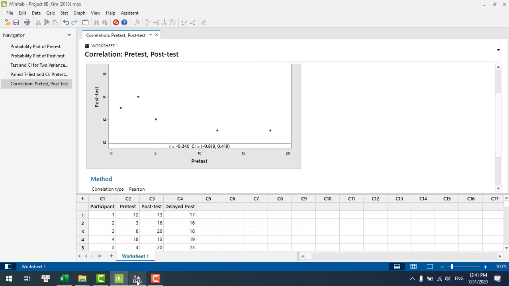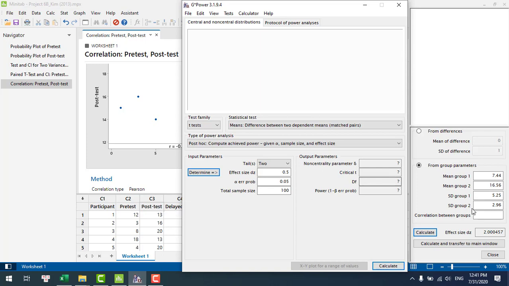So we need to enter that here. Okay, so we're going to go correlation minus 0.340. Now once we enter that correlation, and make sure you enter that correlation, you click here calculate.